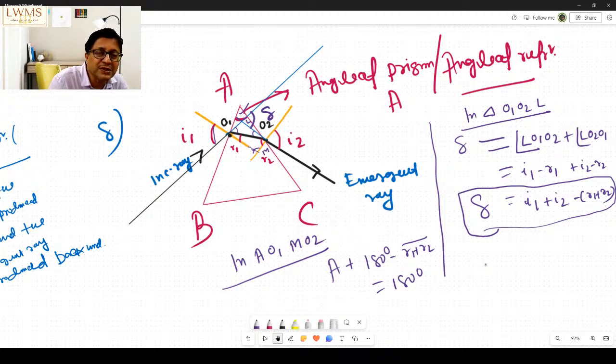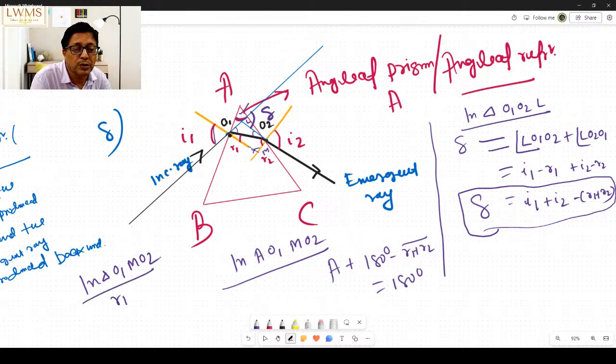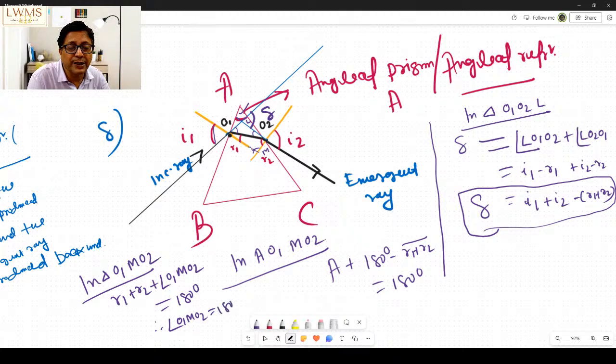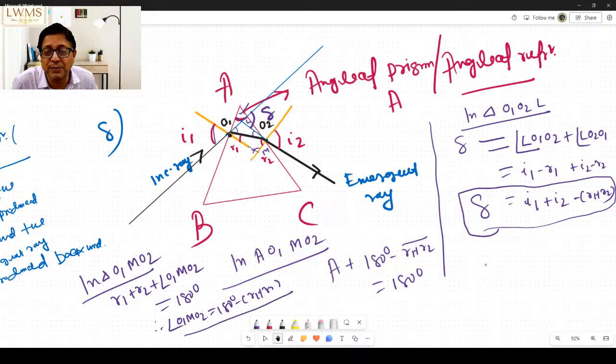Why 180 minus (R1 plus R2)? Because in this triangle O1 M O2, R1 plus R2 plus angle O1 M O2 equals 180 degrees. So angle O1 M O2 will be 180 minus (R1 plus R2).